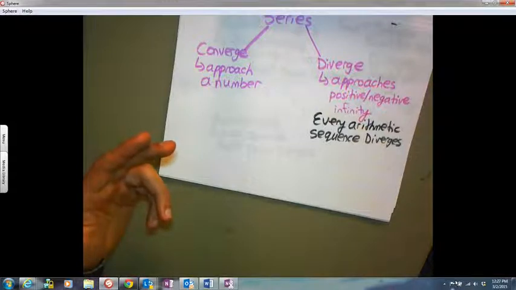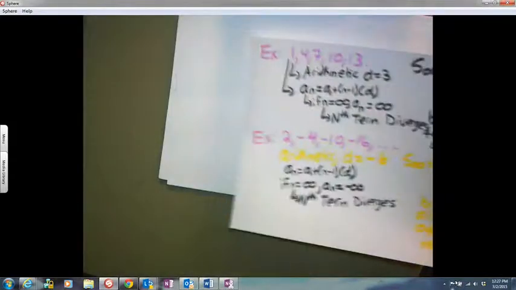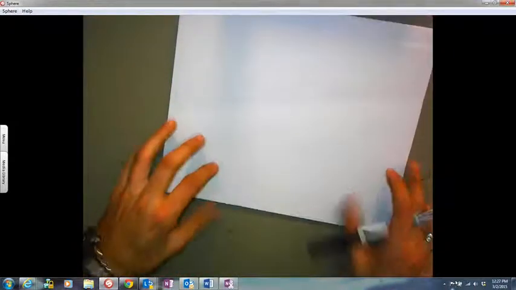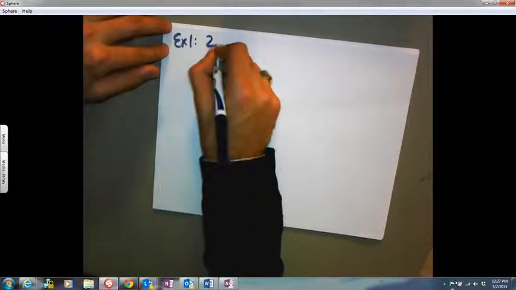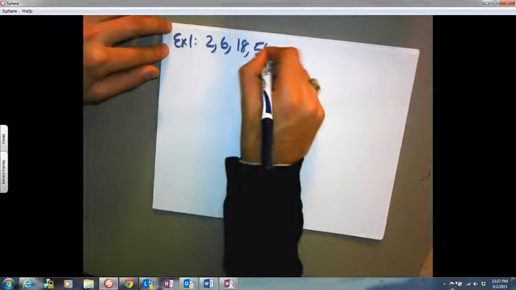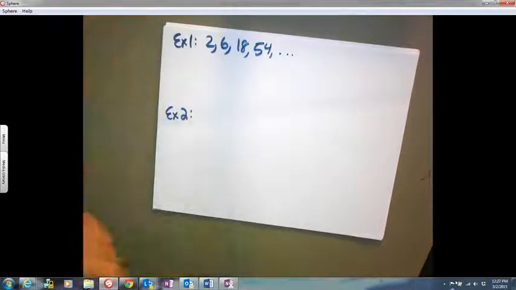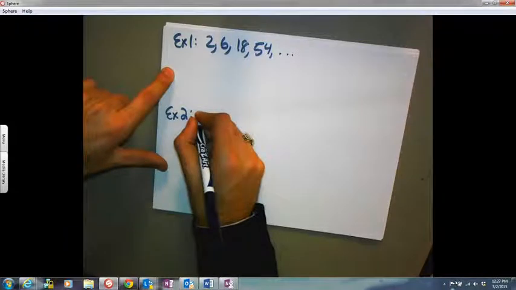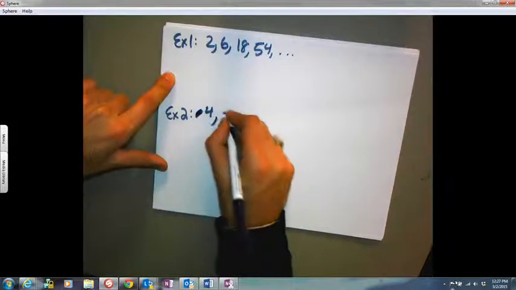Now let's take some geometric examples and then we can answer Mariah's question, like when will a series converge? So let's take 3 geometric examples. Example 1, and we'll call it 2, 6, 18, 54. Example 2, which will be 4, negative 16, 64, negative 256.